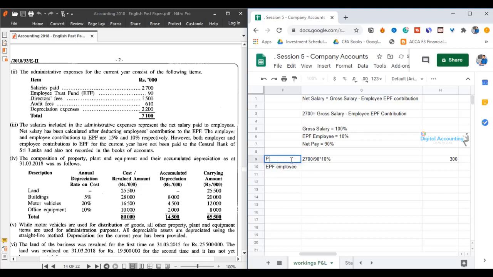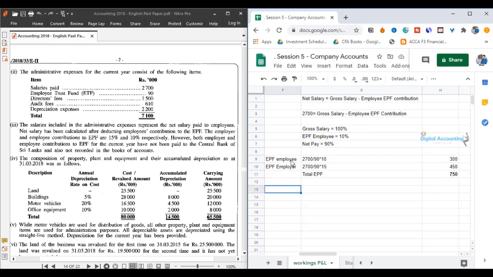Then we can calculate the EPF employer. 2,700 is equal to 90%, and we need to calculate the 15% EPF contribution of employer. So that is 450. So total EPF is 750.